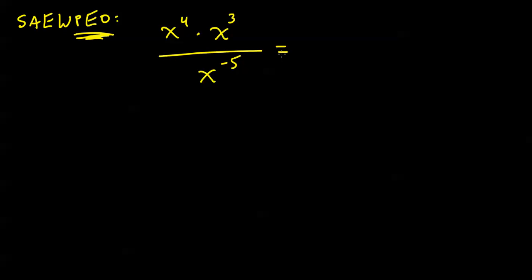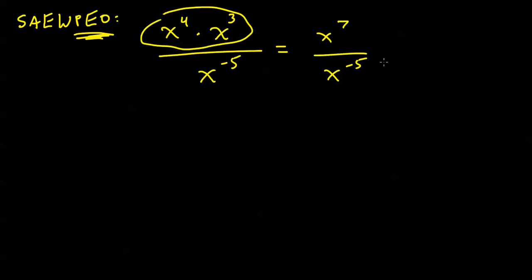Alright, now there may be one way to go about this. I'd like to try to spend the least amount of ink as possible. X to the fourth times x cubed in the numerator, that's going to be x to the seventh, divided by x to the minus fifth in my denominator. Of course, what I can do now is move this x to the minus fifth upstairs as x to the positive fifth divided by 1.